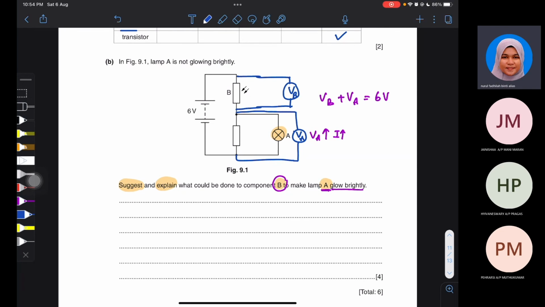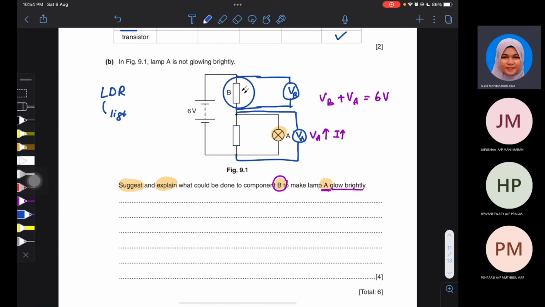So B ni komponen apa ni? Ni simbol apa ni? Simbol LED kan? Ataupun LDR. That's LDR. So this is LDR. Do you know the function of LDR?